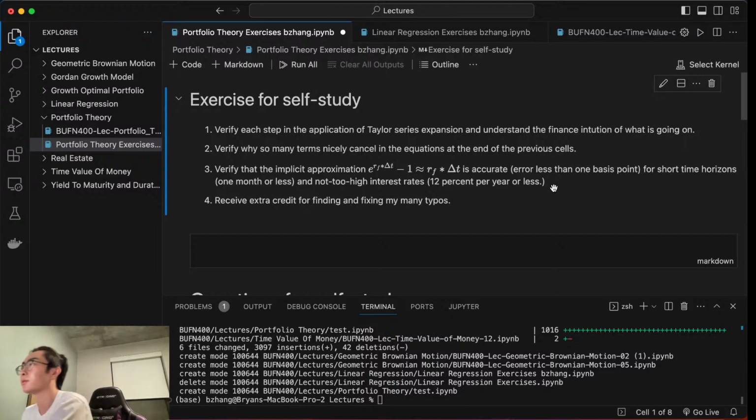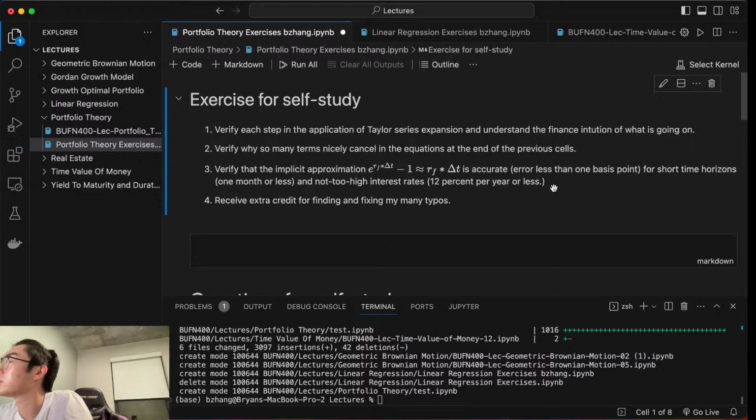We can accurately approximate returns over an interval of length delta t, the Taylor series approximation. Care must be taken due to the way Brownian motion works. Let the expected return be R_F plus pi times delta t, and the volatility be sigma.